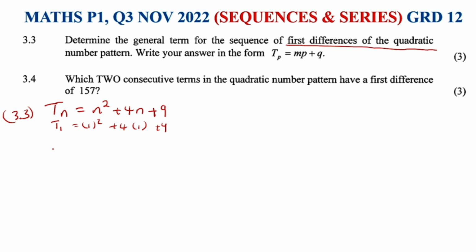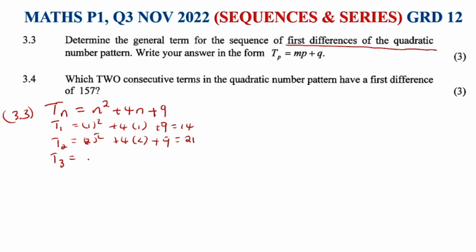Okay, therefore T1 should be equal to 14. Okay, therefore T2 is going to be 2 squared plus 4 times 2 plus 9. This should give us 21. And then similarly T3, you can also substitute 3.